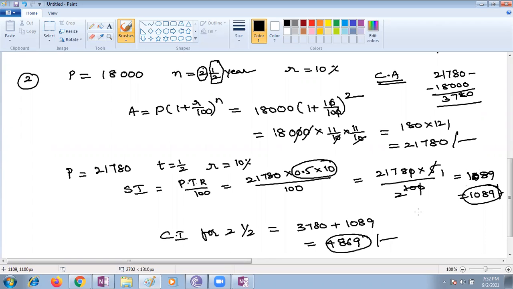Because this is a fractional part, I directly wrote it. The mixed number 1 by 10 needs to be converted into an improper fraction: 10 ones are 10, plus 1 is 11 by 10. Because you are 8th grade students, I'm taking it directly, but inwardly that is what we are doing.